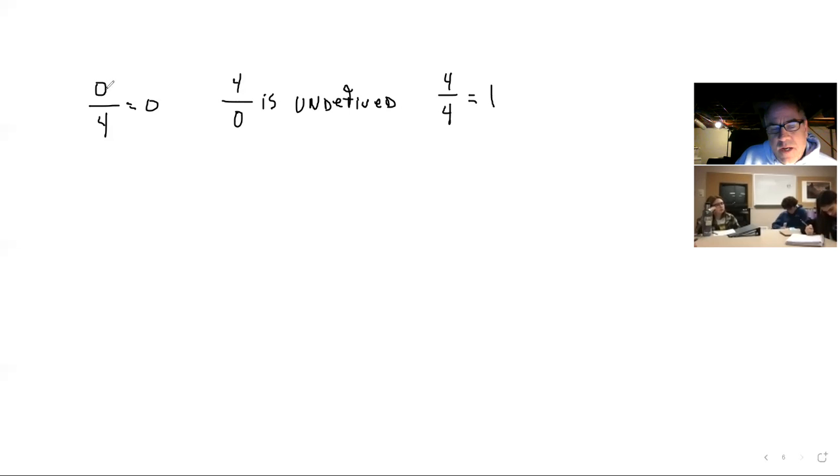So if 0 up top gives me 0, and 0 in the bottom is undefined, and a number over itself is 1, what in the wide world of sports is that? What? You can make an argument for 1. You can make an argument that it is undefined, and you can make an argument that it is what? 0. It's like all three things simultaneously, but it's not.